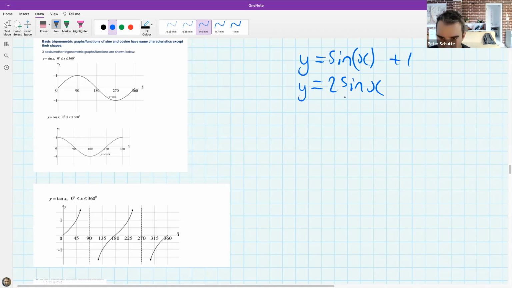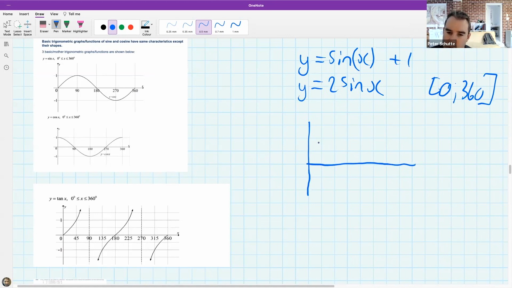I want you to draw the graph of 2 sine x in the range 0 to 360. And the way I would do that is I would just draw up my Cartesian plane. I would make markings of however high or low I had to go.